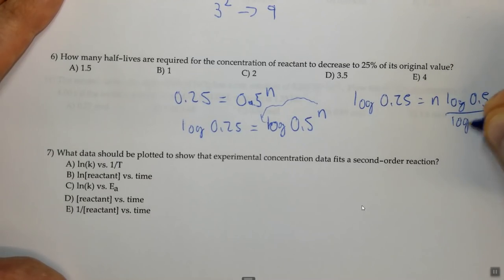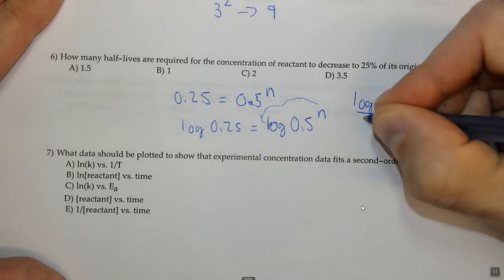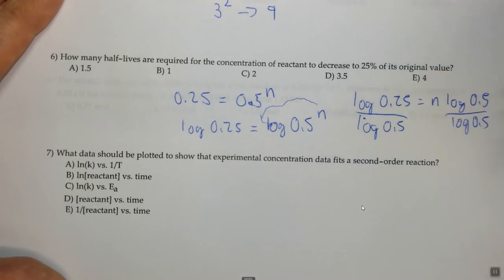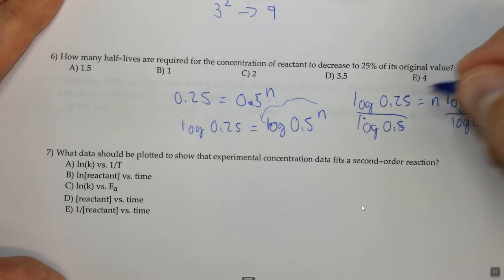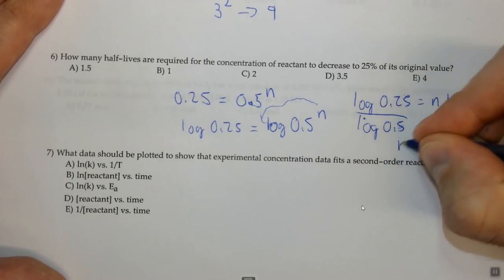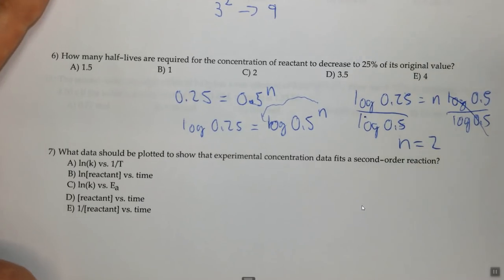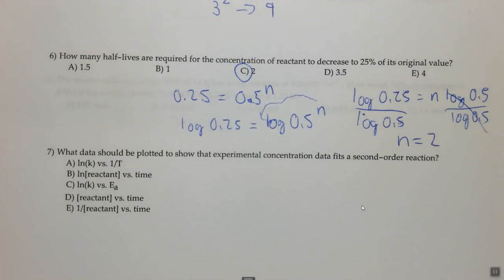Divide by log 0.5, divide by log 0.5, and you can either, again, realize this is 2 because this is half as much as this one, or you could actually plug this into your calculator and you find that n equals 2. So it takes 2 half-lives in order to get 25% of the original value.